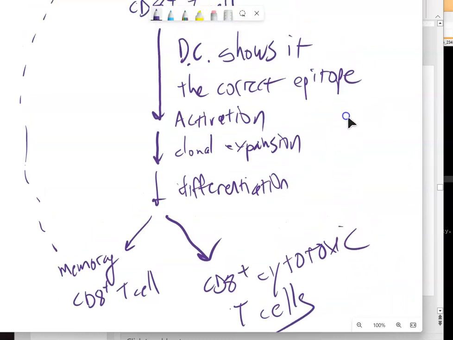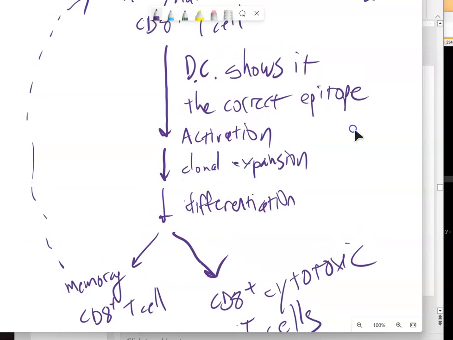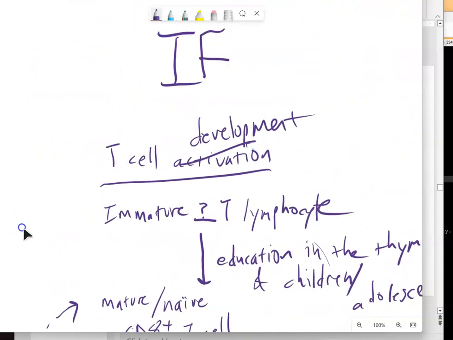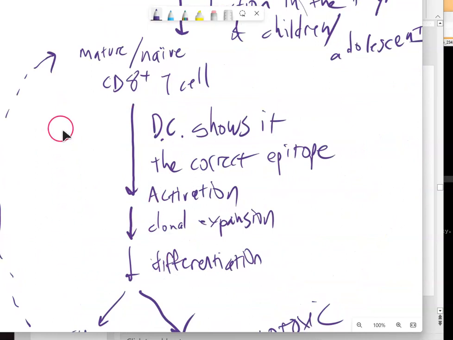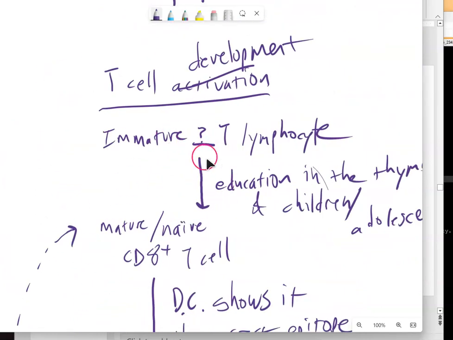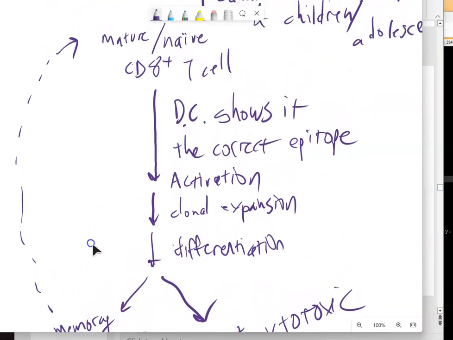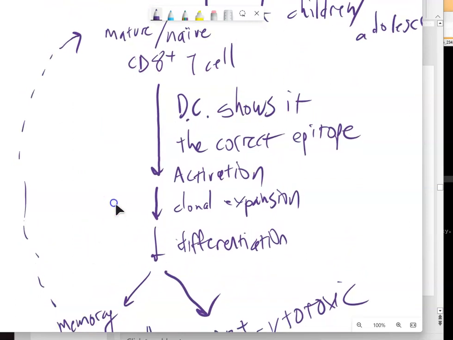So, this is how a T cell develops. If it's going to go all the way through development, big questions here. Will it successfully get through education, and then will it ever activate? Only 5% of them successfully get through education, and a vanishingly small percentage ever activate. Most of them never activate.